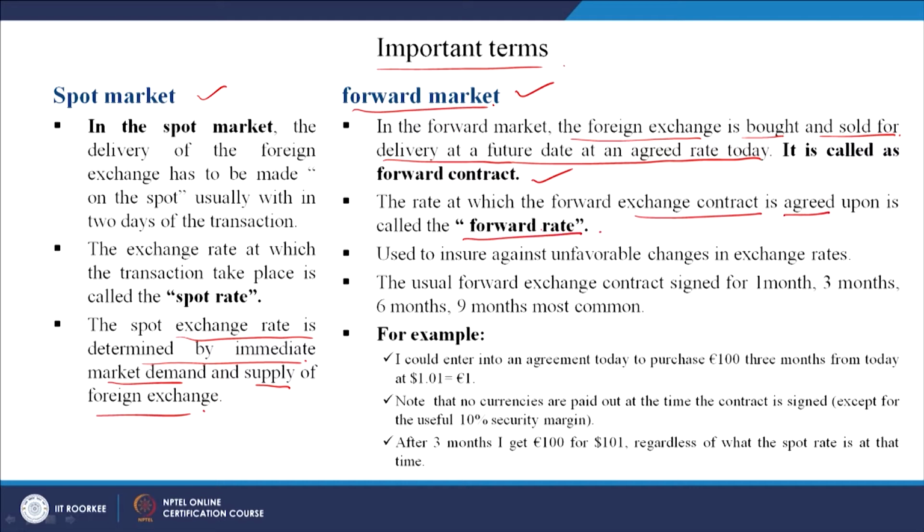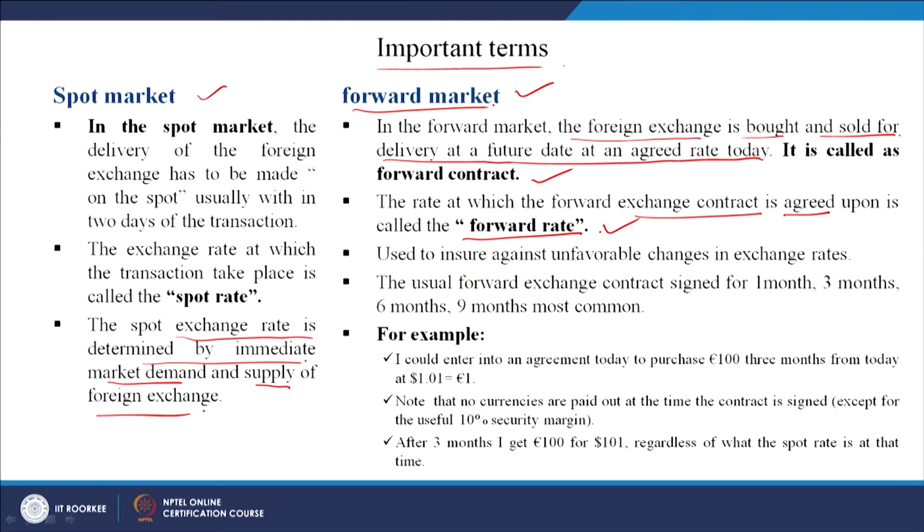Now, why is it done? You must have heard the word hedging. Sometimes we cannot exactly find out what will happen to the values. It may go up, it may go down. In order to avoid a loss in such situations, it might be a profit also, but if it is a loss, it is more dangerous for us, so we will go for the safer side.